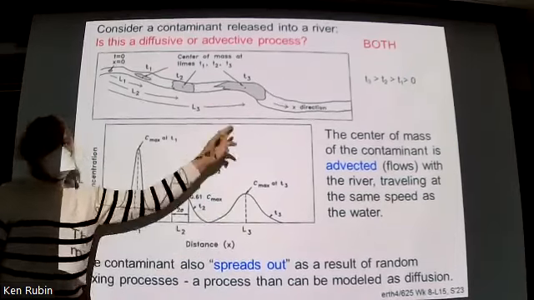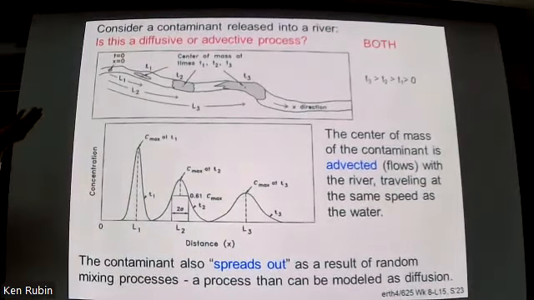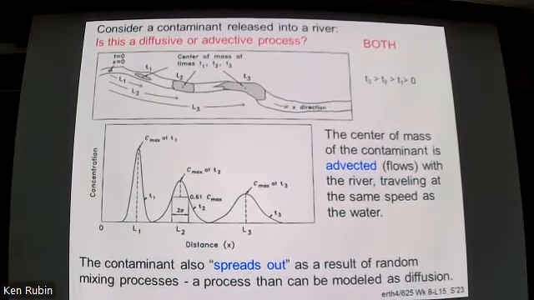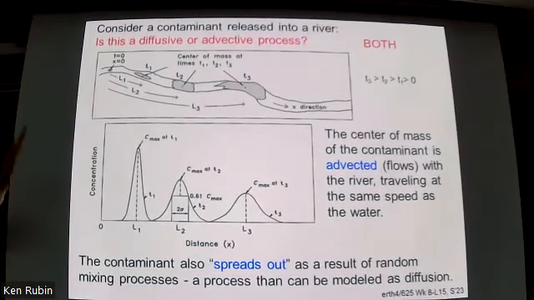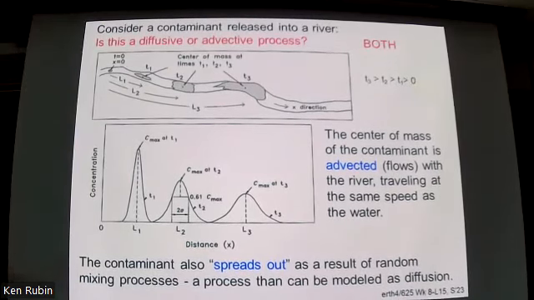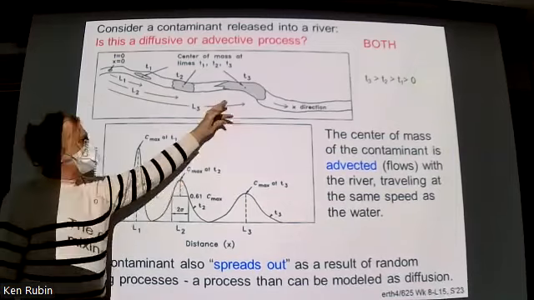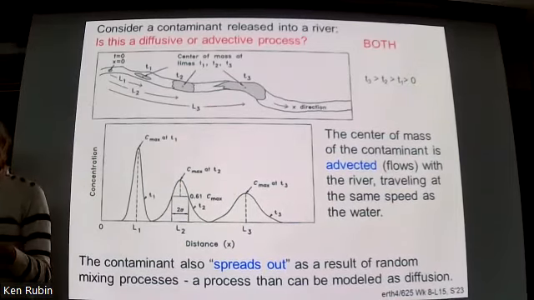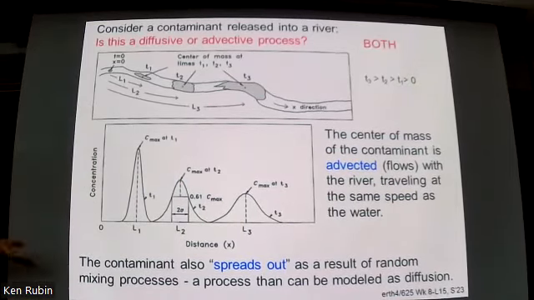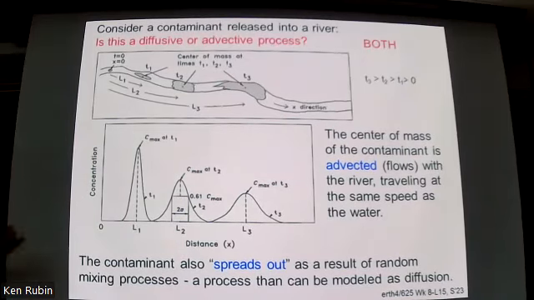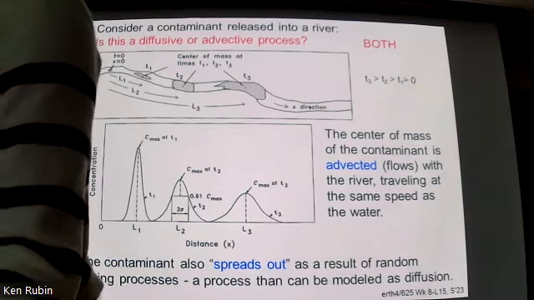So if this were a really toxic contaminant, diluting it by a factor of 10 may not help you. It may still be very high over a bigger area, which would be of concern. Or maybe it's a substance that isn't that bad, so that dispersal as it advects is diluting it to the point where it doesn't need remediation. So there's a sort of a common approach.